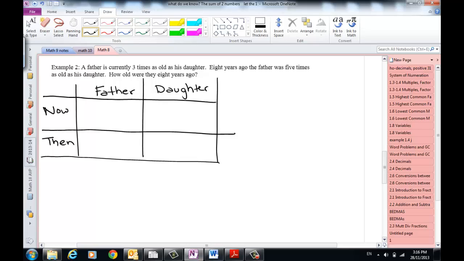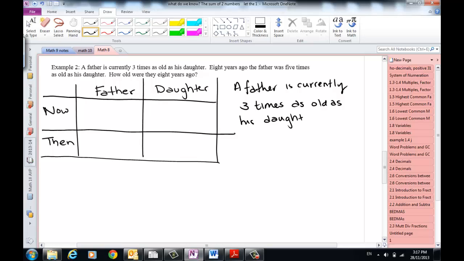Okay, so I'm going to start by looking just at the first sentence. A father is currently 3 times as old as his daughter. Well, do I know how old the daughter is?